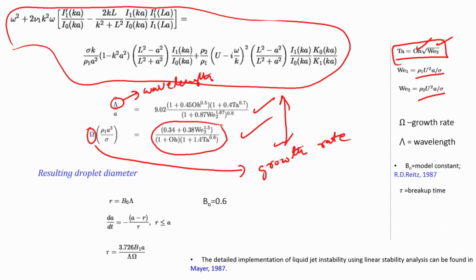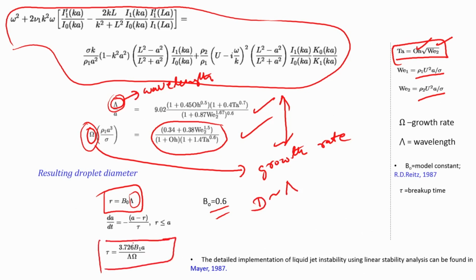So, all these numbers give you the growth rate and the corresponding wavelength for the maximum growth rate and the most disturbing wavelength. The resultant droplet diameter is more or less half of the maximum wavelength. That means the diameter of the droplet will be somewhere around a similar value as this. And similarly, the time scale for the breakup is given by that particular form.